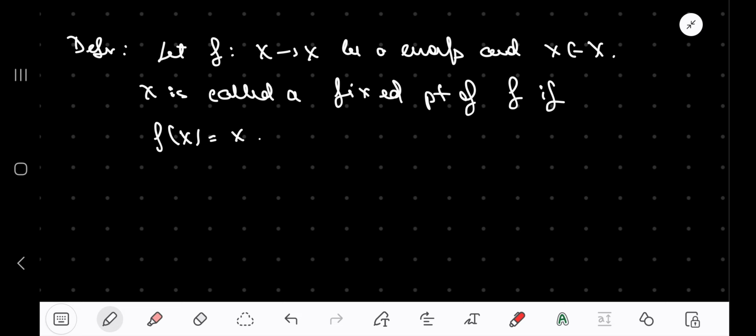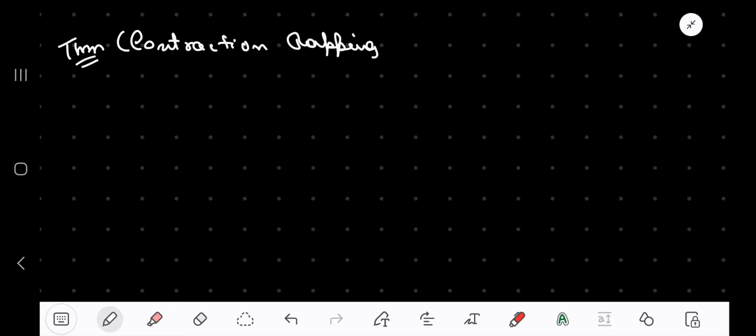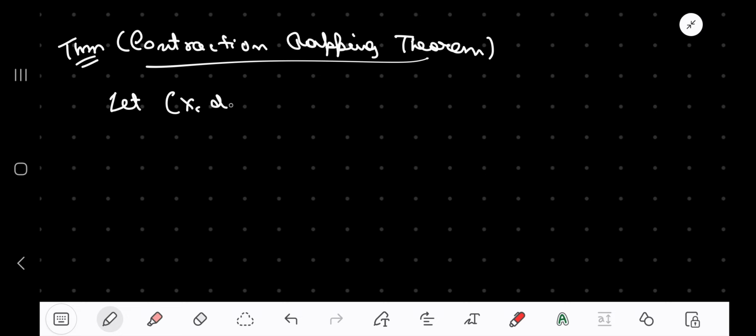Okay. Now this is the theorem, the contraction mapping theorem. I guess this is also called the Banach contraction mapping theorem. I don't exactly remember.